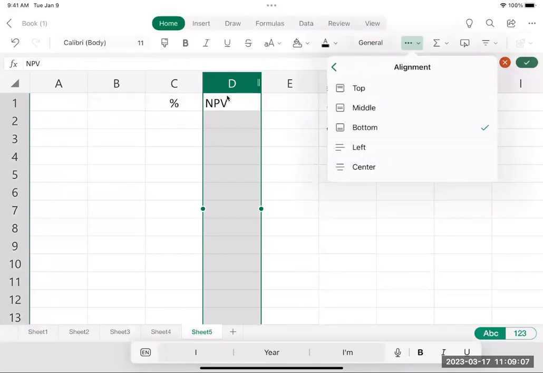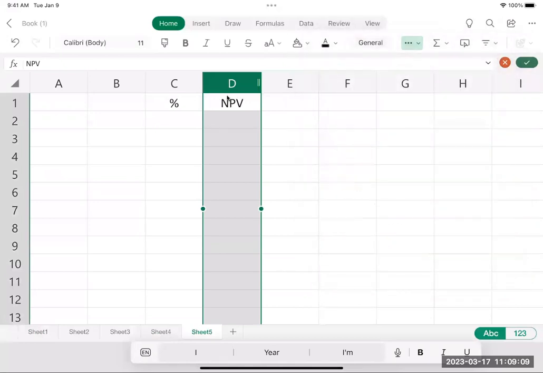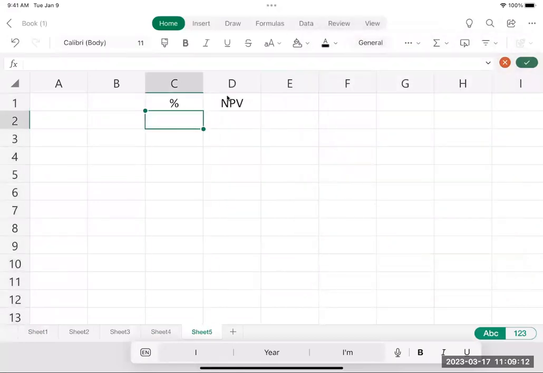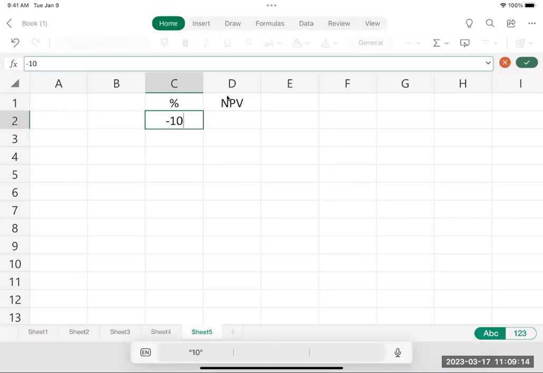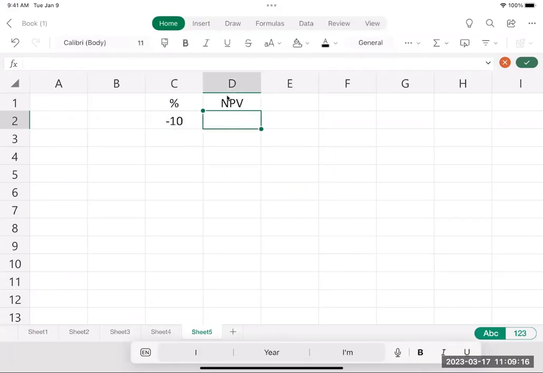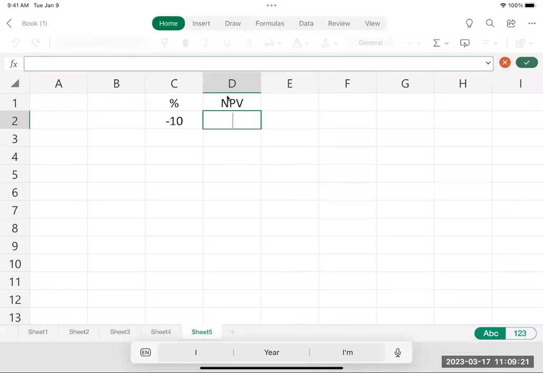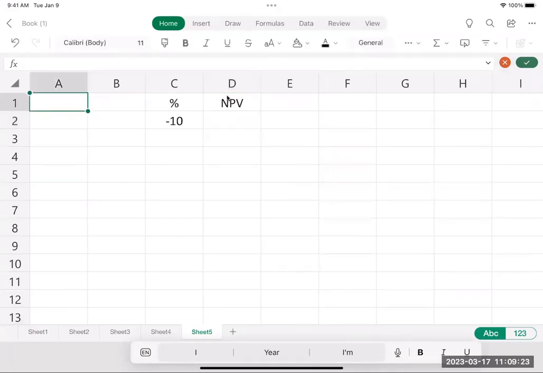All right, so I said start at -10. And then what do we put here? So to get the NPV in Excel, actually, let's put the cash flows over here.